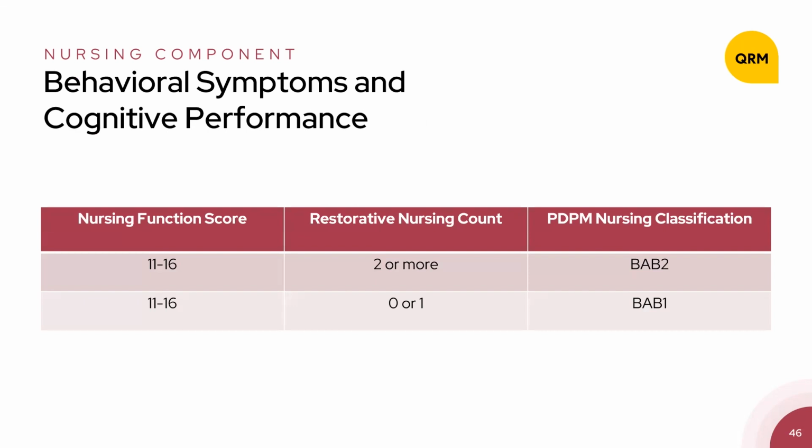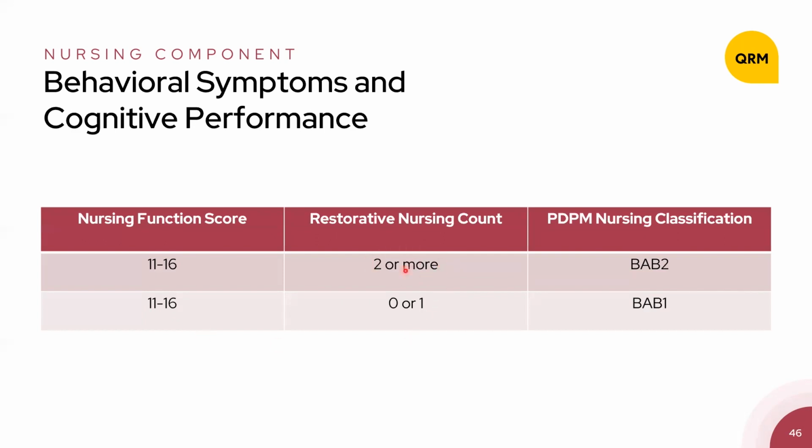So we talked about if your GG score was a 10 or below, then you were going to be pushed to reduced physical function. So if it was 11 to 16, that gets you into the behavioral symptoms and cognitive performance. So you have your 11 to 16, your restorative count.